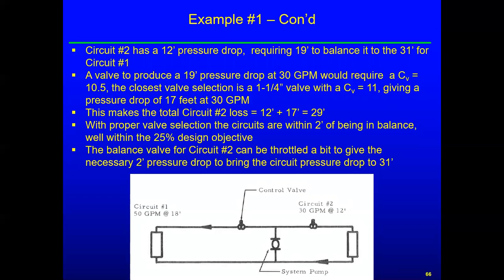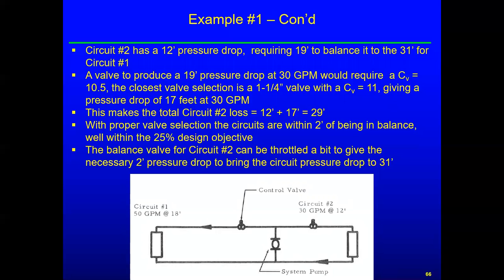So now I take my 30 GPM divided by 11, which is 2.727. I'm going to square it, and that's 7.438, and that's PSI. Then I multiply times 2.3, and I get 17.1, and he's going to throw away the .1.